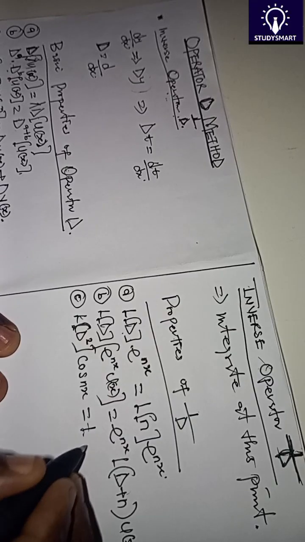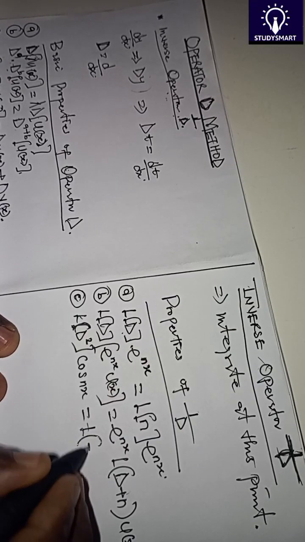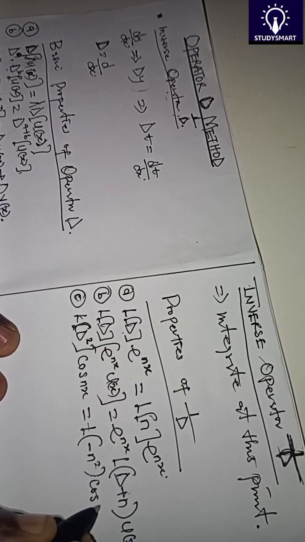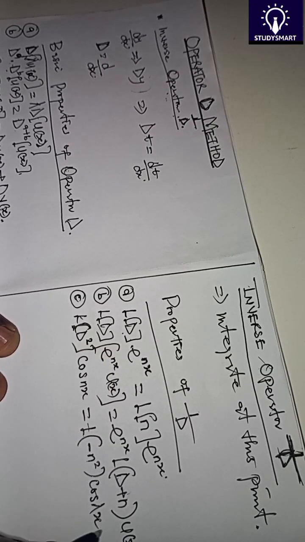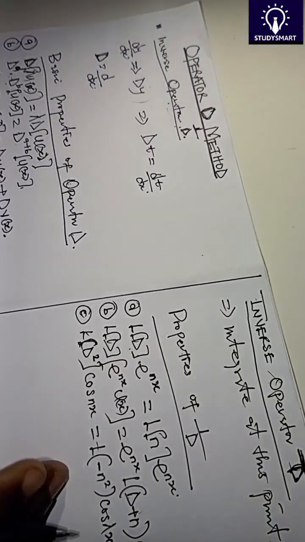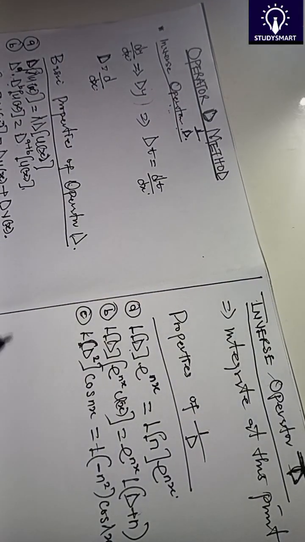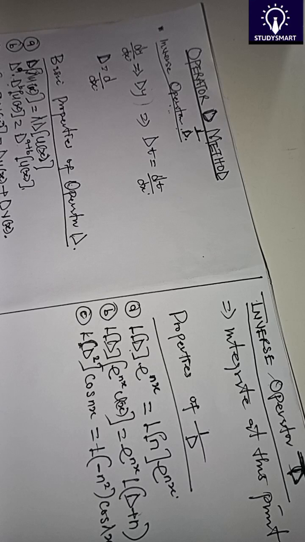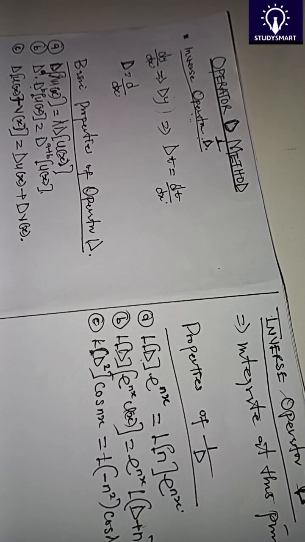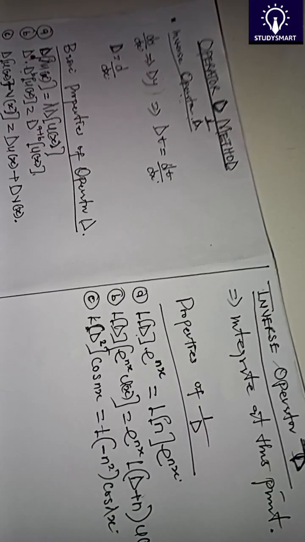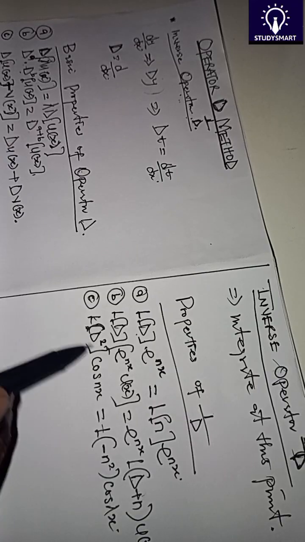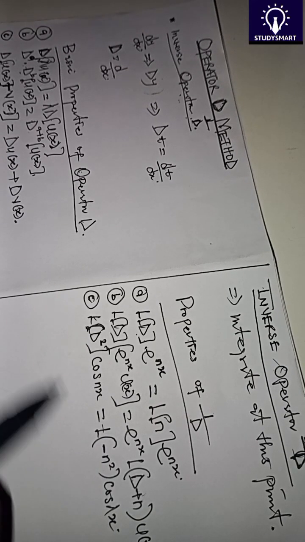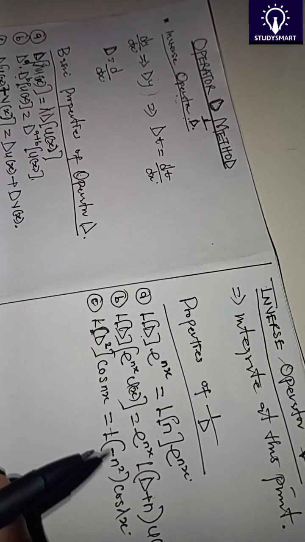So L here becomes minus n squared, and I still have my cos nx. The whole idea here is just that I'm replacing D squared by minus n squared, where n here can be any number.